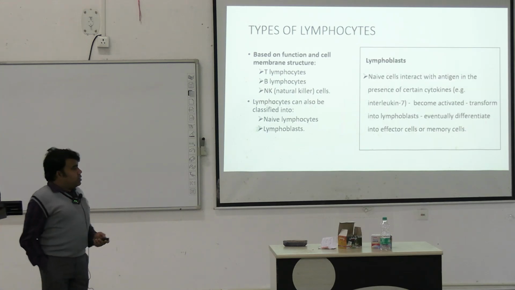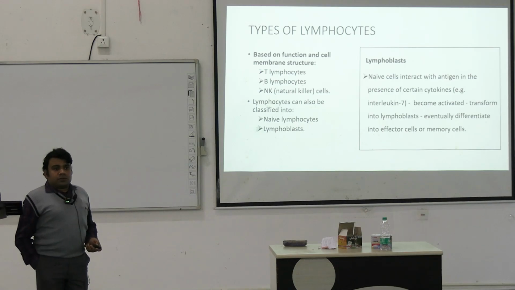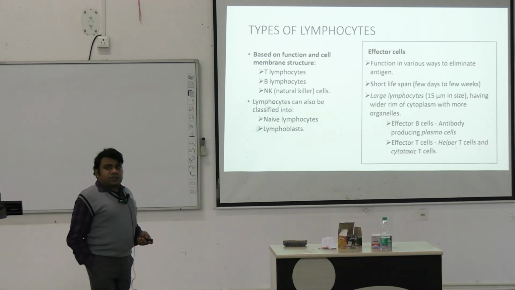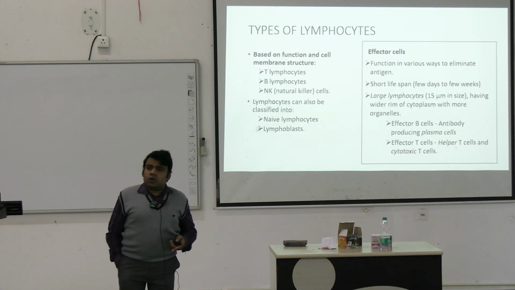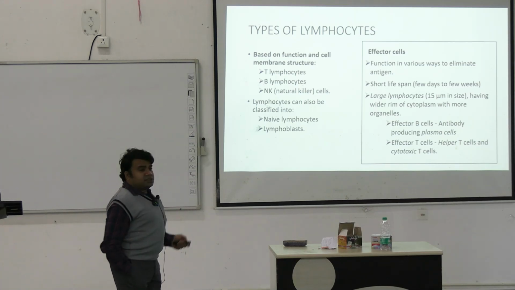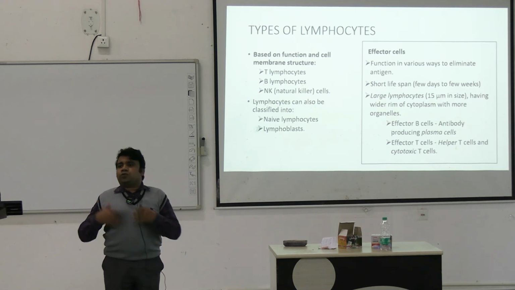Whereas when the naive B cells get stimulated by the antigen along with various cytokines, they form lymphoblasts. The lymphoblast will then turn into two types of cells. One is called the effector cell. What does the effector cell do? It will produce the effect. If it is a B cell, it will produce antibody.